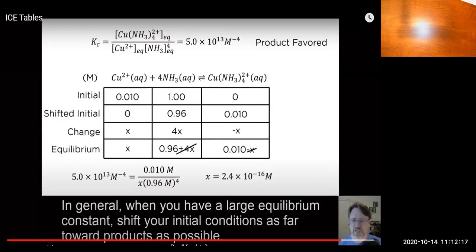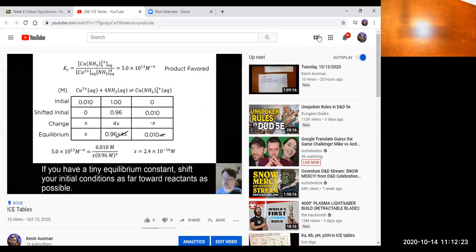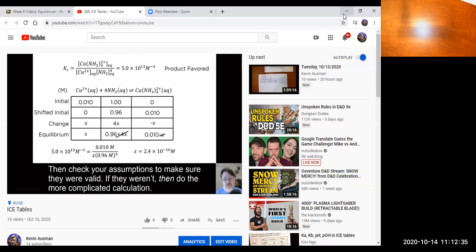Does that help? Okay. All right, so did this sufficiently answer the question from the chat about what's going on with these approximations? Okay. All right, let me switch this back.